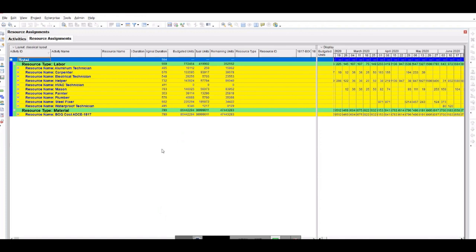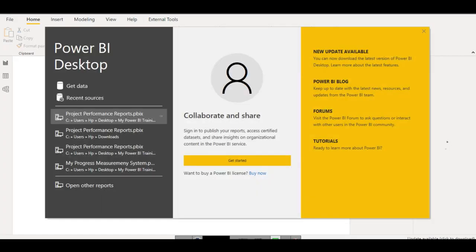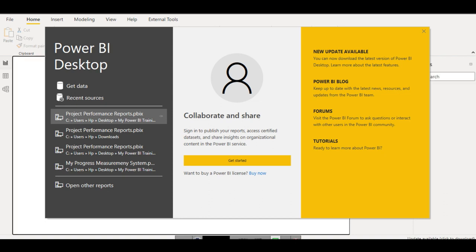Budgeted units can move away from the data date and come towards the data date, can move towards the finish date, can move towards the project start date. So budgeted units are not locked ones. If your baseline value is changing every week with every update, you cannot compare it. So we will see in DAX, in Power BI, that we can use this window for labor resource management, material quantity resource management, and non-labor resource management.